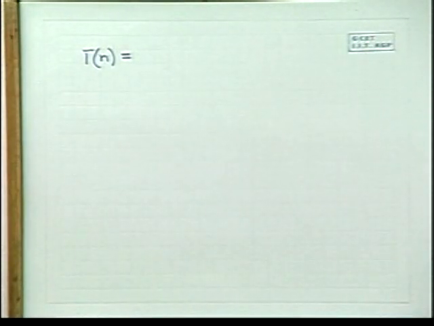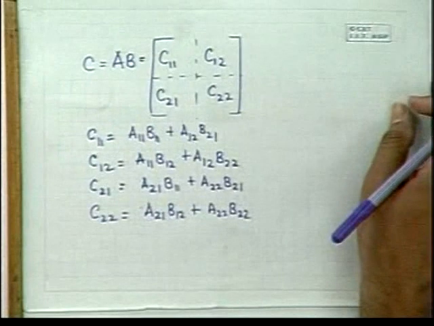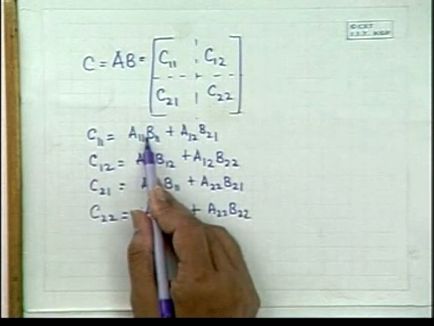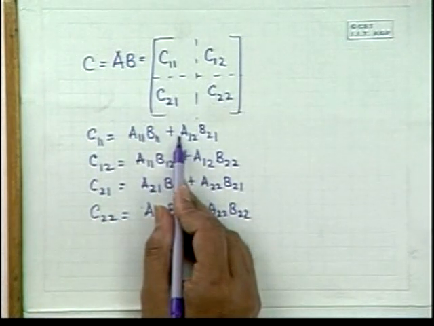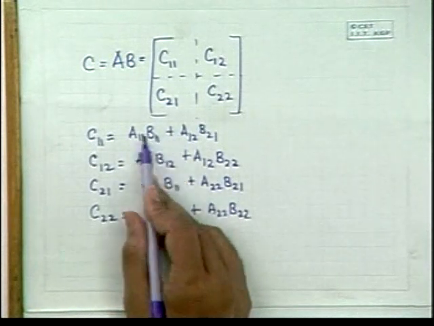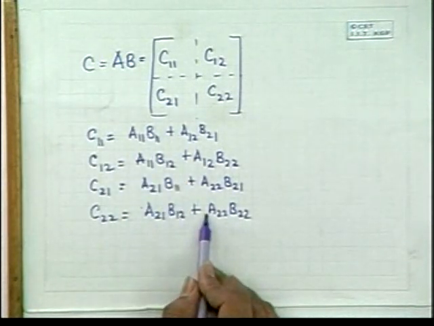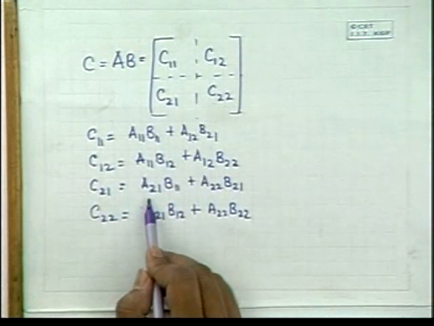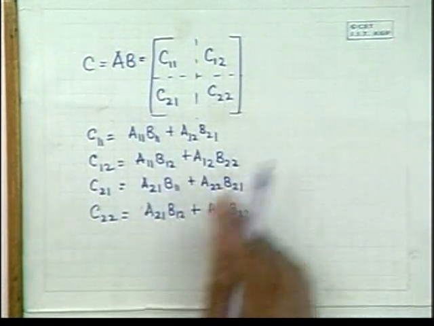Let me go back again. Actually it is 8, because each Cij requires two matrix multiplications of dimension n by 2 by n by 2. So there are 4 Cij's, so we have 4 times 2, 8. So there are 8 matrix multiplications each of dimension n by 2.